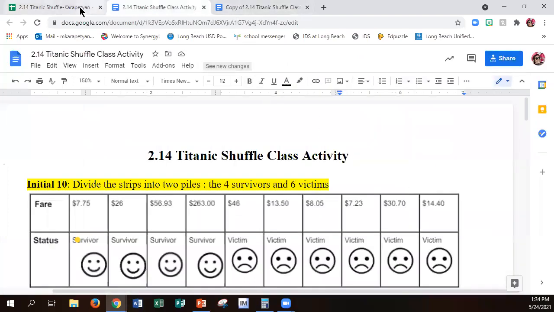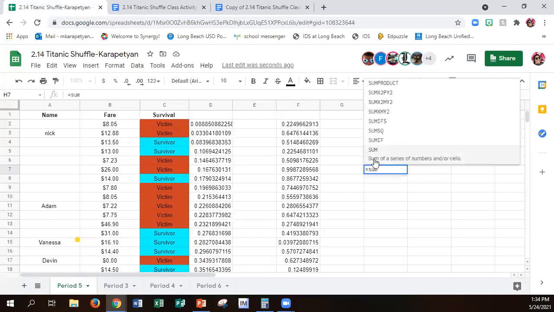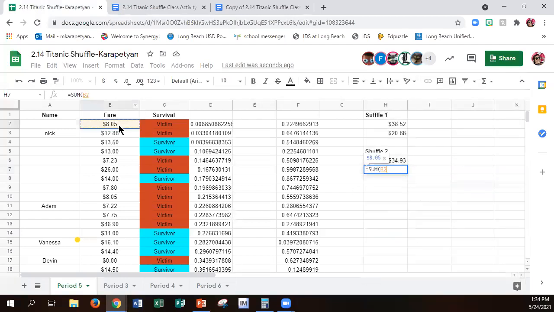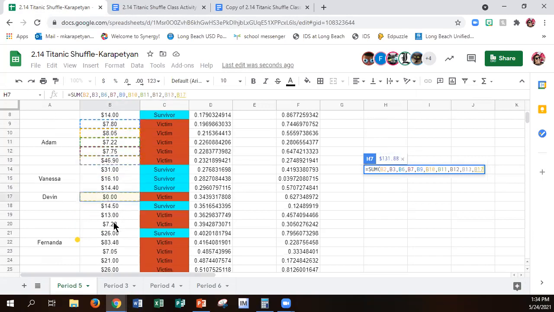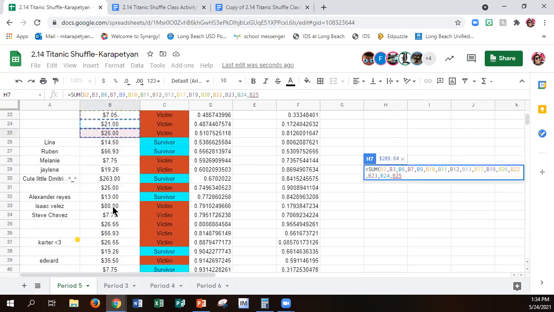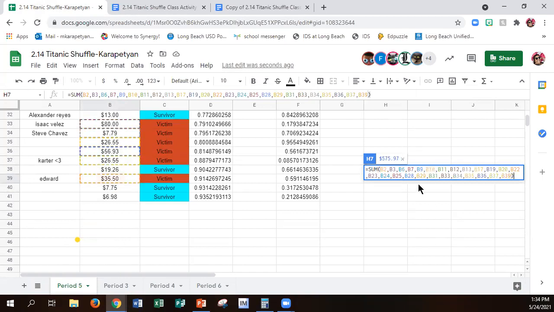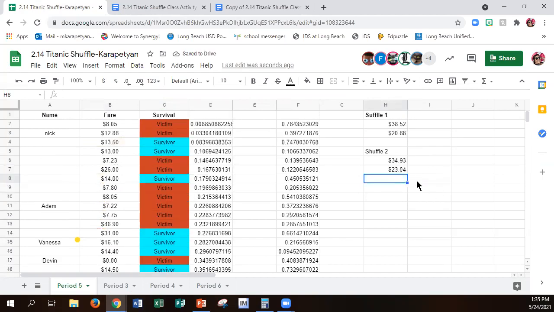Now we're going to do this for the sum of the victims. Okay, close that up, divide by 25. Got 23.04.